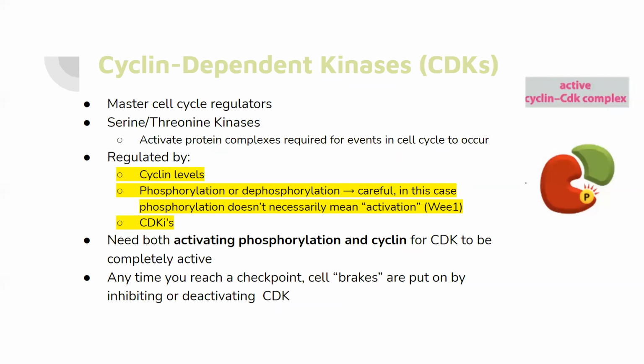CDKs are also regulated by cyclin, but phosphorylation or dephosphorylation doesn't mean it's active. It needs another factor for it to be active. So for CDKs, it needs to be actively phosphorylated, and also for the cyclin to be bound to it, as the figure on the right shows, for it to be completely active.